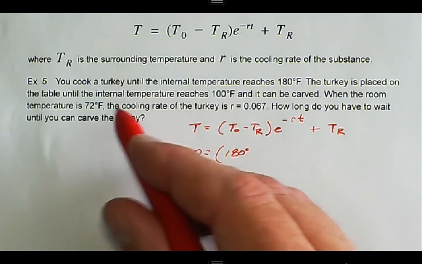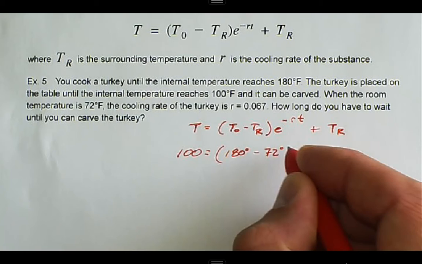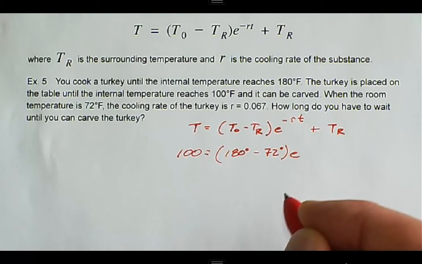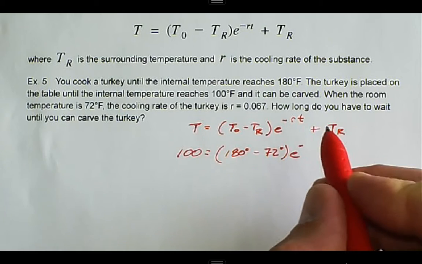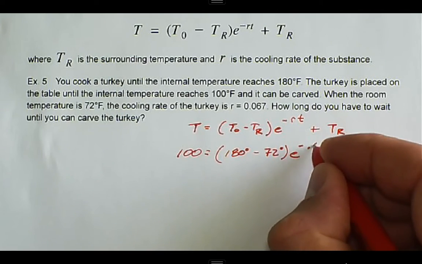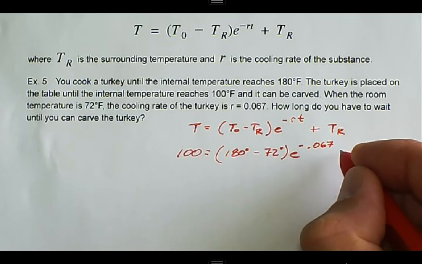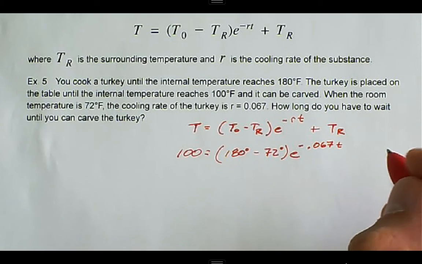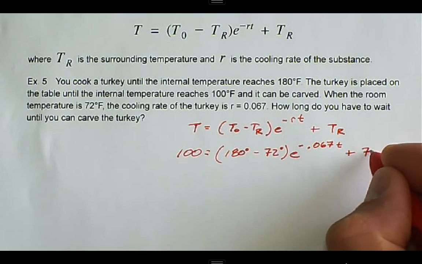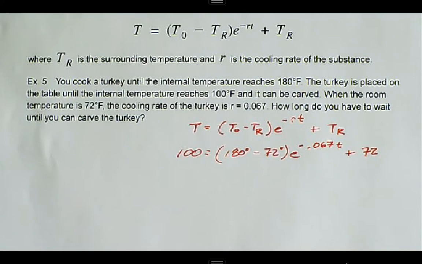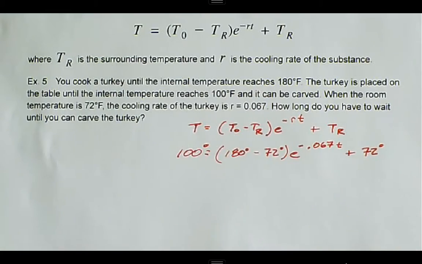We know that the room temperature is 72 degrees. e is a constant, then the minus, and then we have the rate, 0.067, and t is what we're trying to calculate, how much time, and then plus the room temperature, which is 72 degrees. And from there, we can start solving.